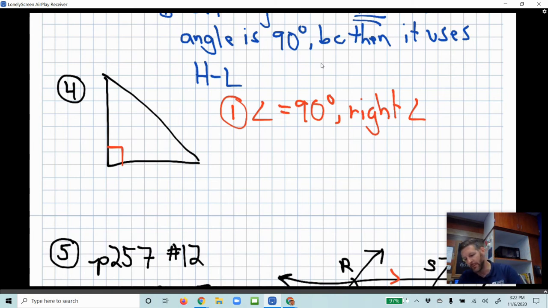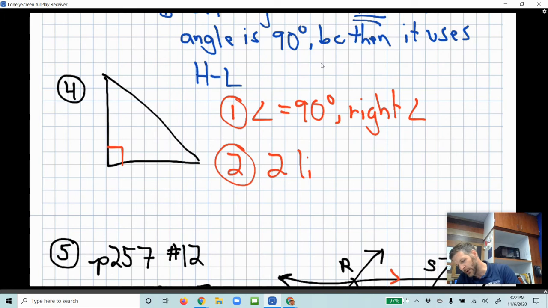Okay, the less direct, more indirect way is they will tell you that two lines are perpendicular. Okay, because that's a clue. If they tell you these two lines are perpendicular, well, what does that mean?